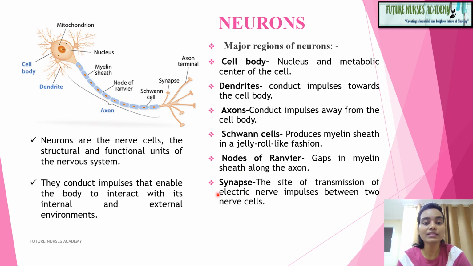The synapse is the last terminal point, from where the messages, or impulses, are transmitted to the other neuron. It is the transmission point where impulses are exchanged between two nerves. These are basically the regions of the neuron.